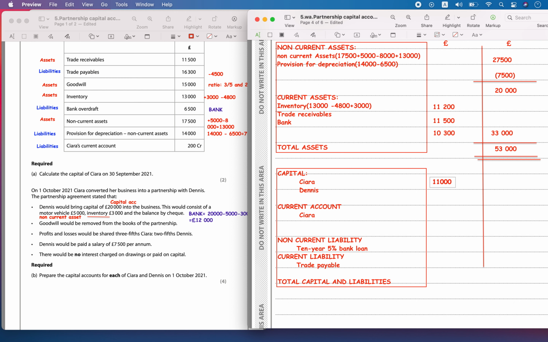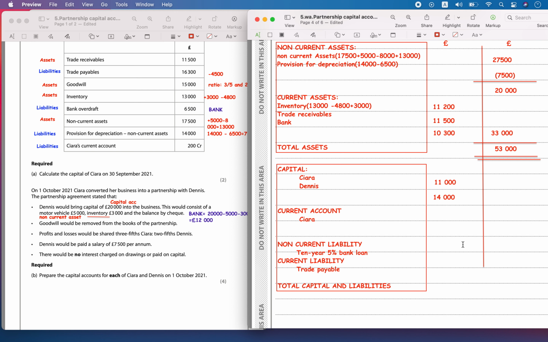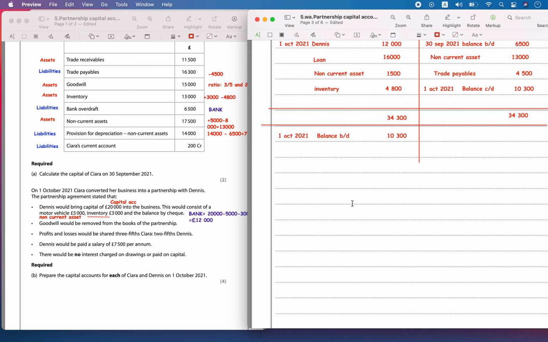So you have to include 11,000 for Ciara, and for Dennis it was 14,000 balances. So this becomes 25,000. So we can write the total capital, that is 25,000.